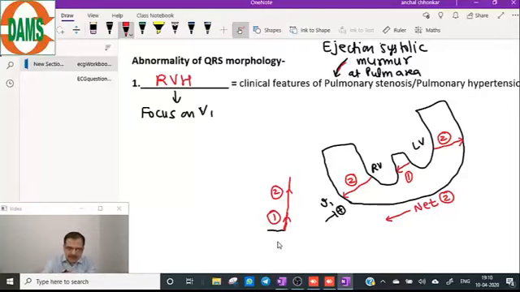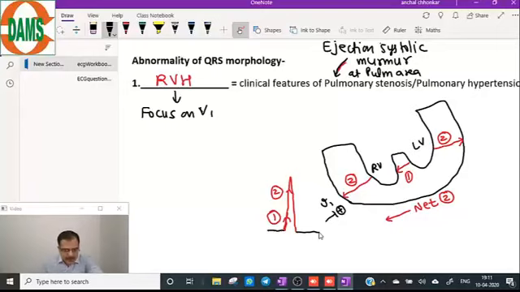Then there is no further event detected by lead V1, so the needle will come back to the baseline automatically, like this. When there is no further electrical event detected by lead V1, it will come down on its own.